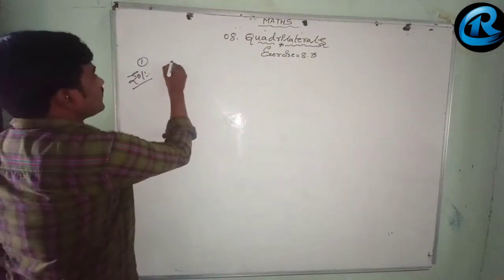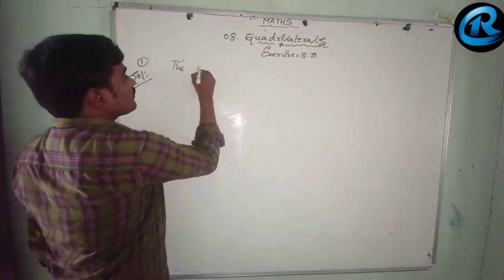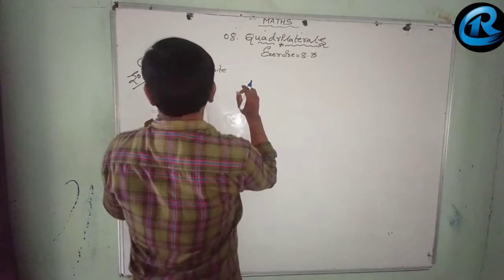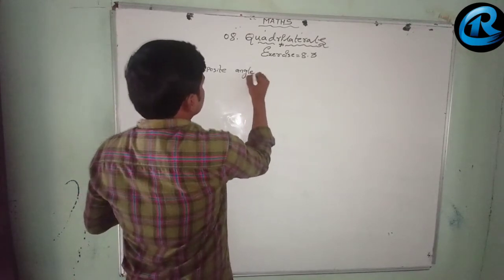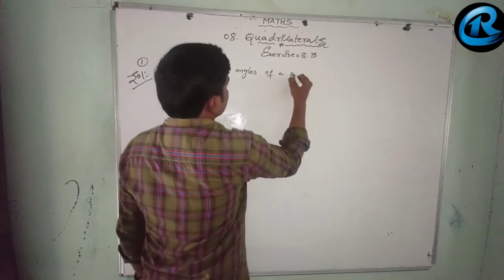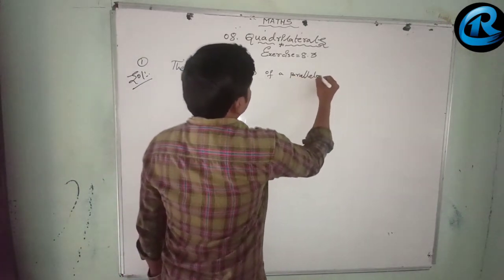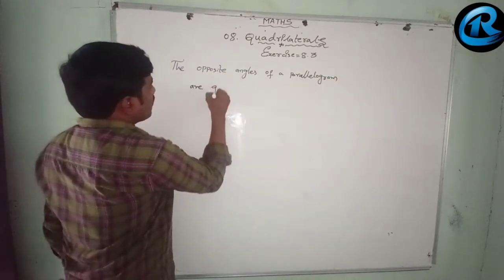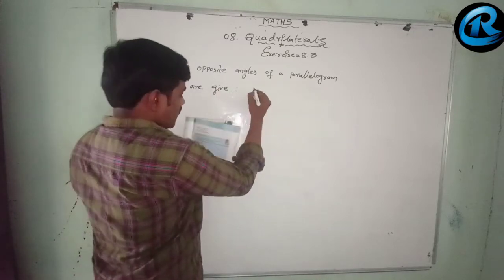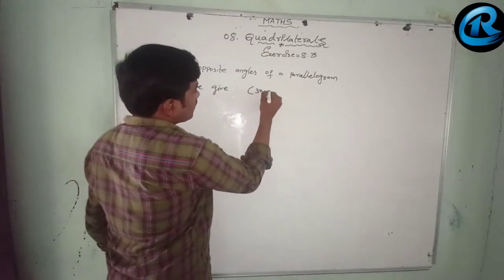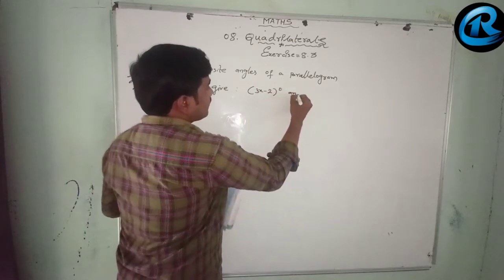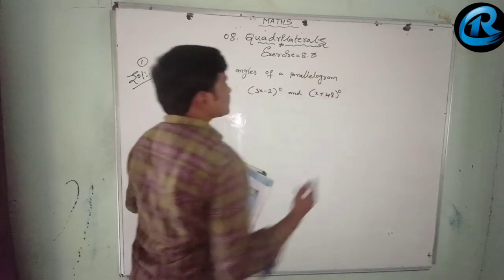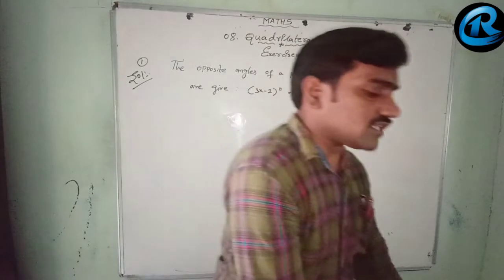So the opposite angles of a parallelogram are given, that is 3x minus 2 degrees and x plus 48 degrees. These are the two opposite angles of a parallelogram.